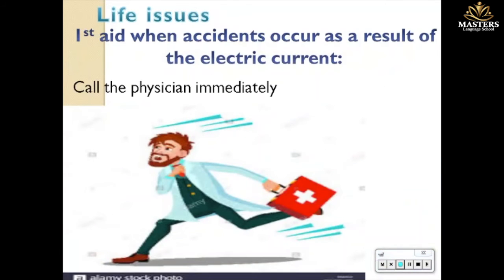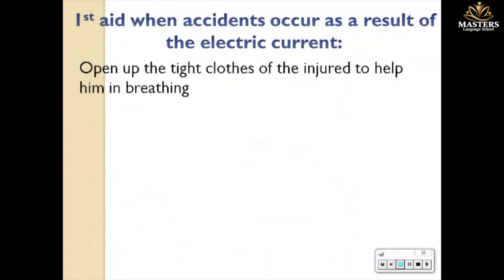Step number 2, call the physician immediately. Number 3, open up the tight clothes of the injured to help him in breathing.